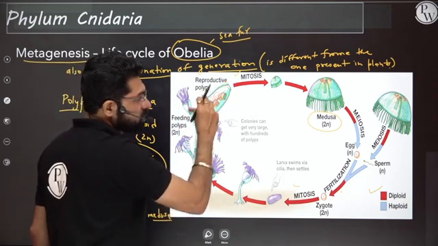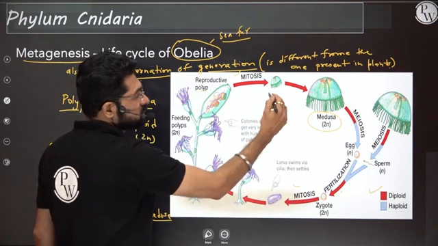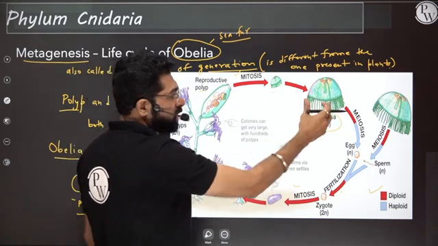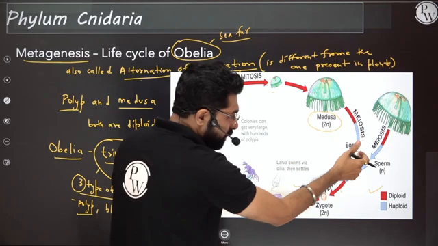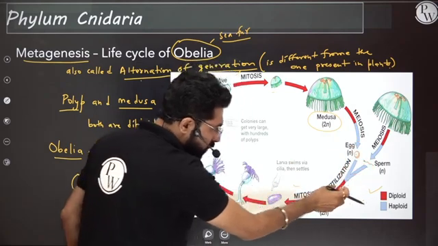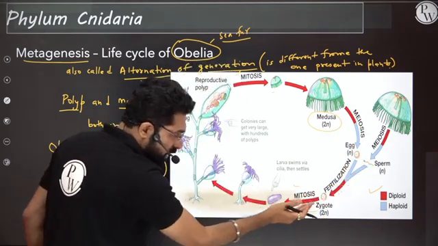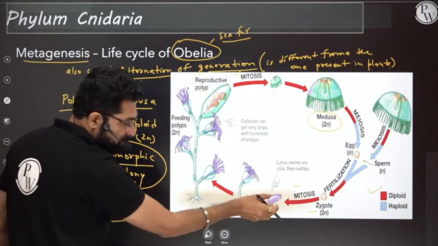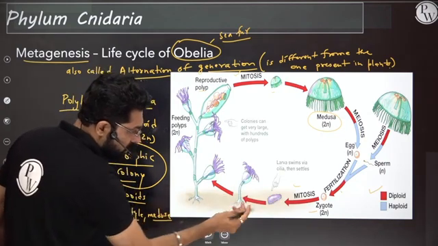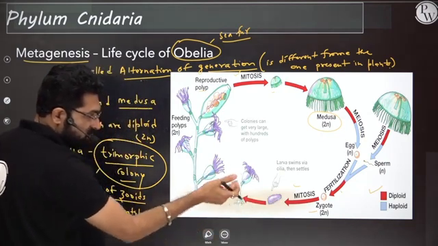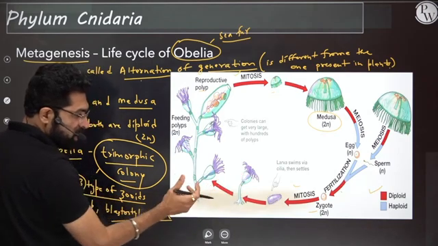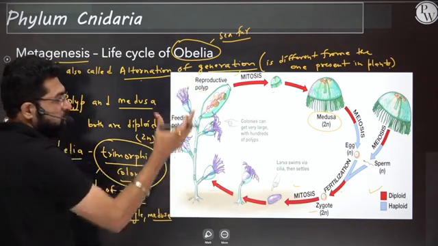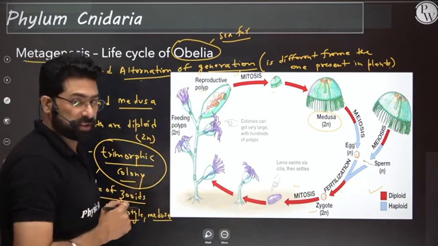You can see it is producing medusa. Now this medusa, the male and female, will produce the gametes, that is egg and sperm, and they will form a zygote. This zygote undergoes mitosis and forms a planula larva, which undergoes division and forms a polyp, and this polyp makes a branching colony. So it has three types of zooids.